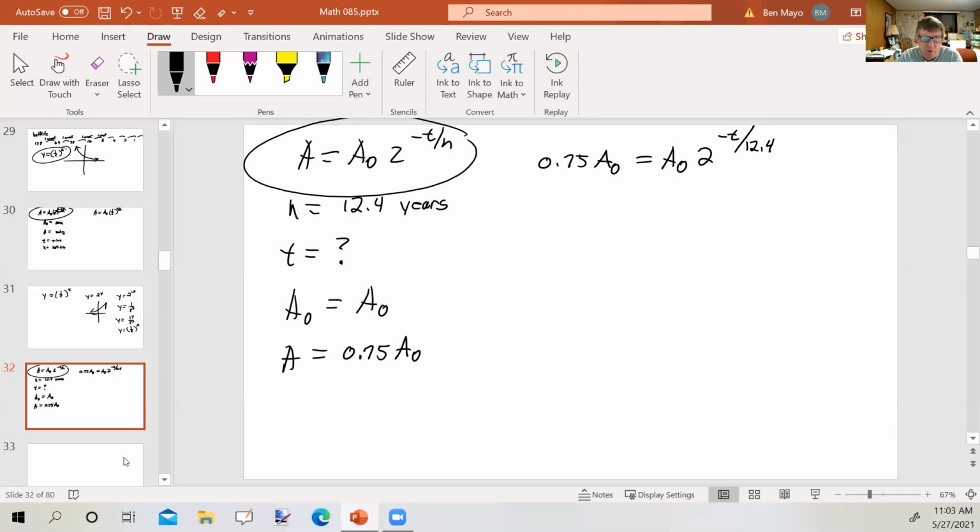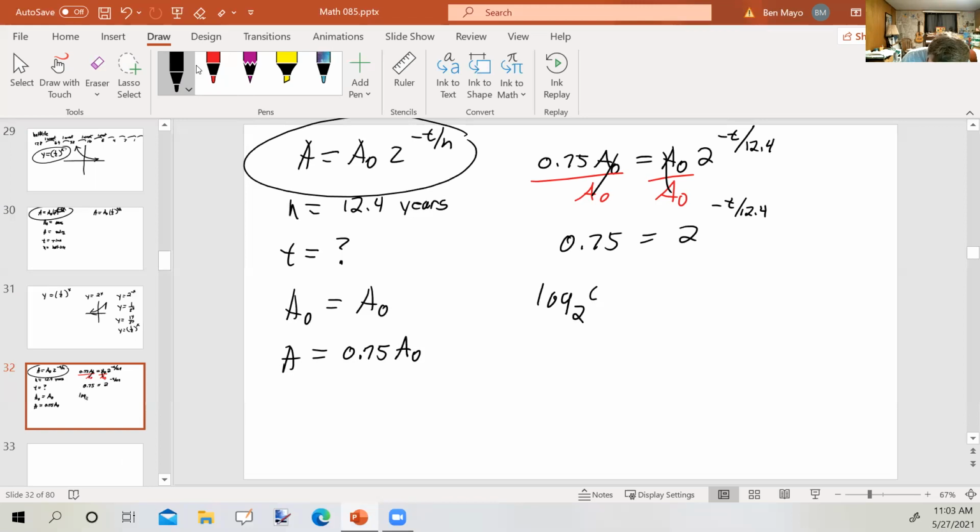But before we do, we've got to get rid of that coefficient out in front, the a sub 0. So I'm going to divide both sides of the equation by a sub 0, which gives me 0.75 equals 2 to the negative t divided by 12.4 power. Now it's in a form that I can convert into a logarithmic equation.